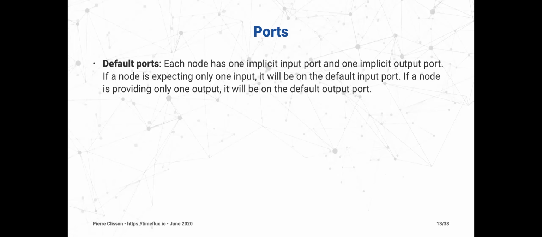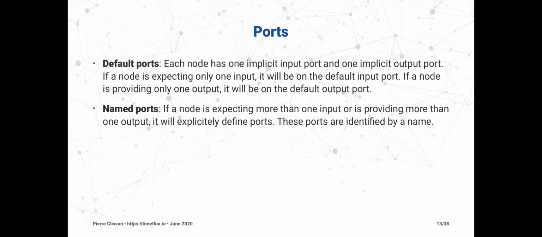You also have named ports. If one node is expecting more than one input, you need a way to identify the ports you're interested in, so you can give each an identity, a name.